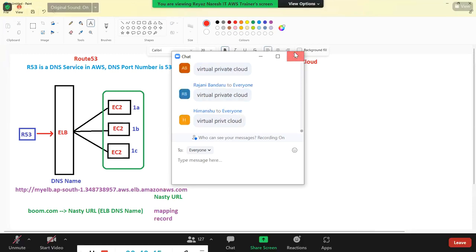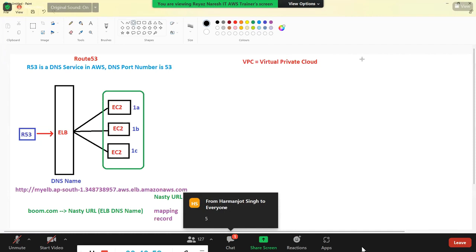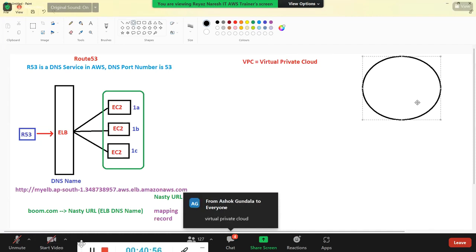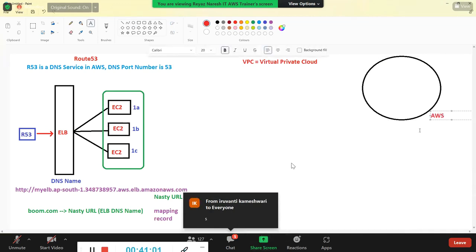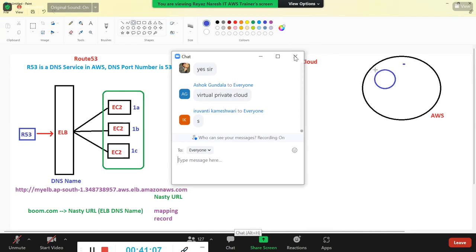You know very well, right? In AWS, we'll have multiple VPCs. Remember, we discussed that. I took some example also for this. So this entire thing is AWS. In AWS, we have different VPCs. We can have different VPCs like this.